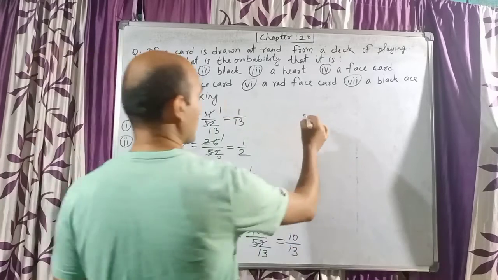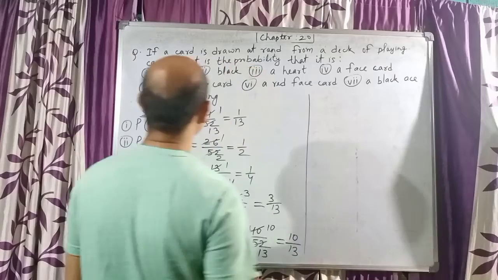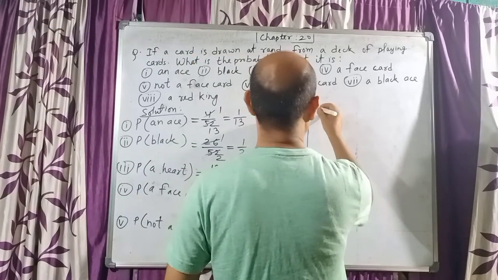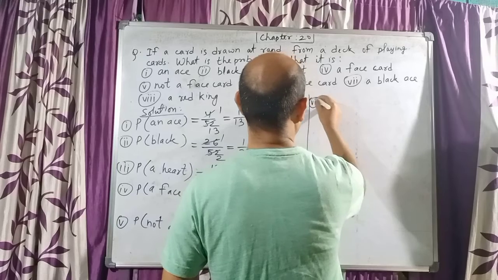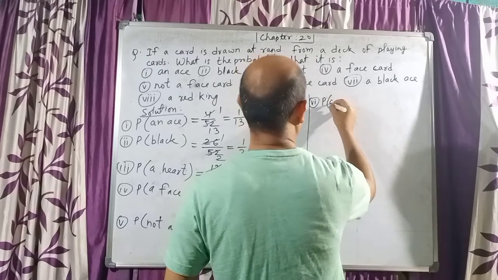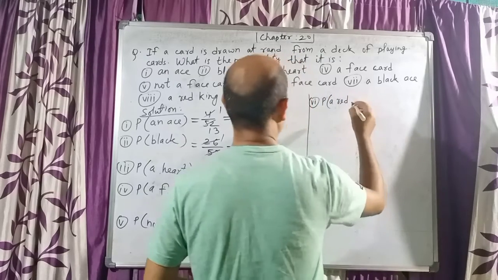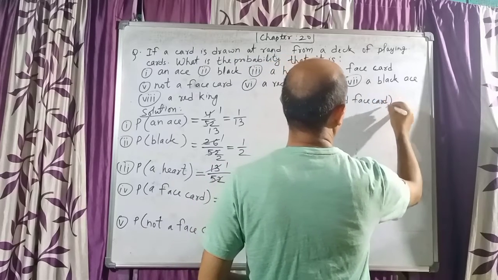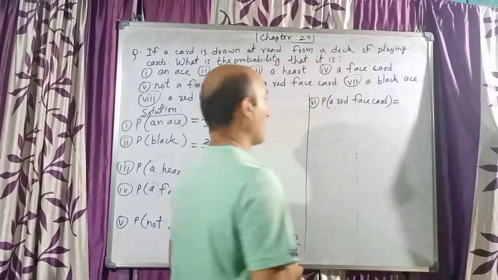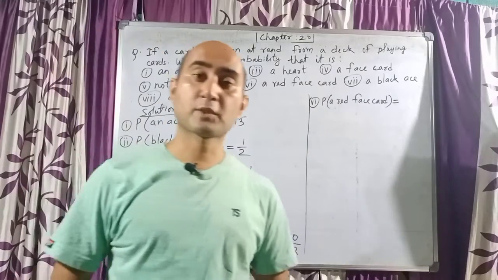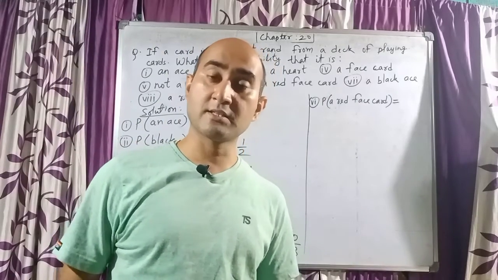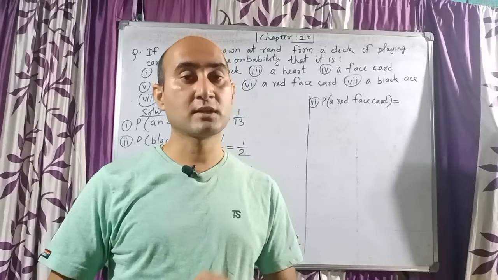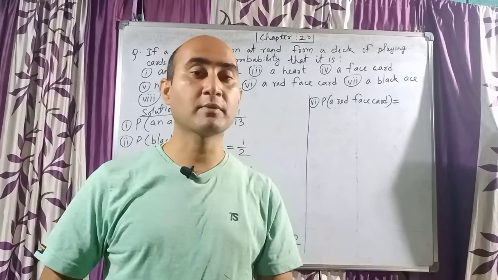Come to the next question. My next question is number 6, a red face card. Probability of a red face card. Now there are 12 face cards and very easy, 6 of them are black and 6 of them are red, because 3 from heart and 3 from diamond.